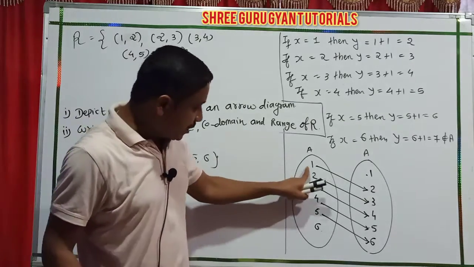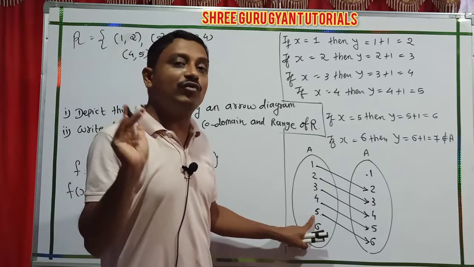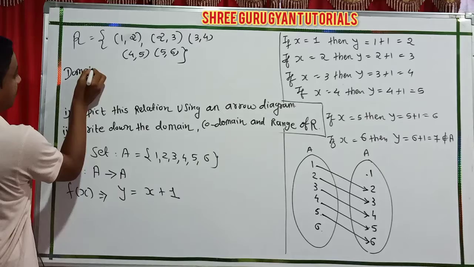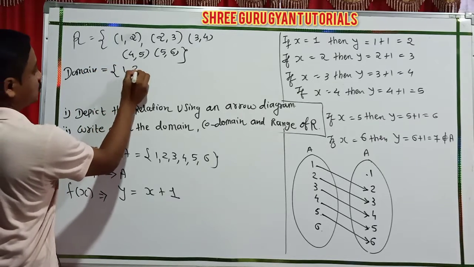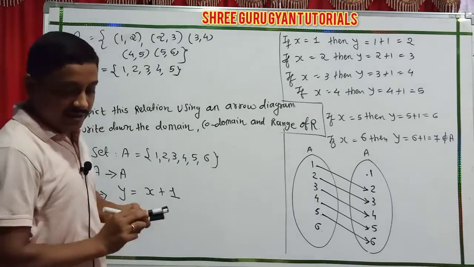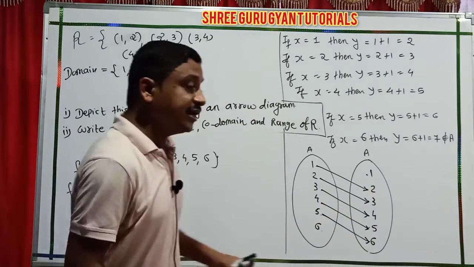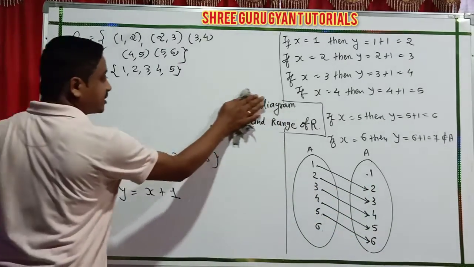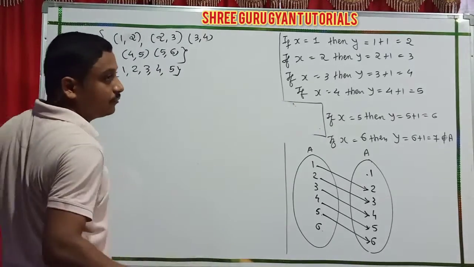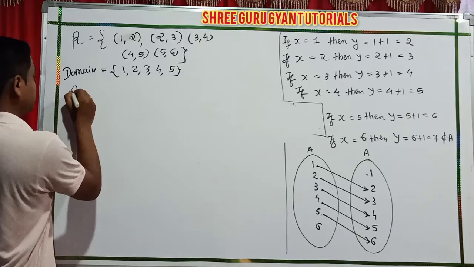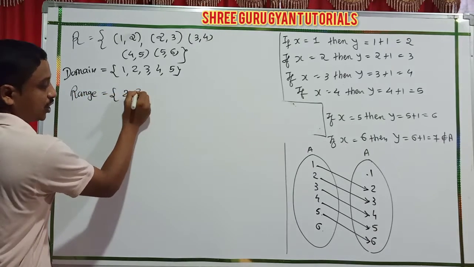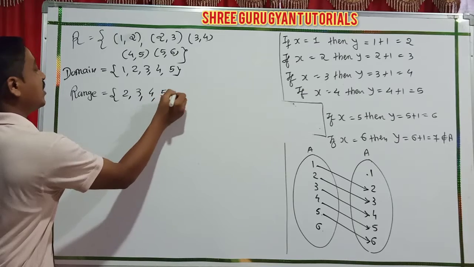Students, in this domain I utilize only 1 to 5. So my second answer, the domain, is only 1, 2, 3, 4, 5. And the range is also ready. My range is 2, 3, 4, 5, 6.